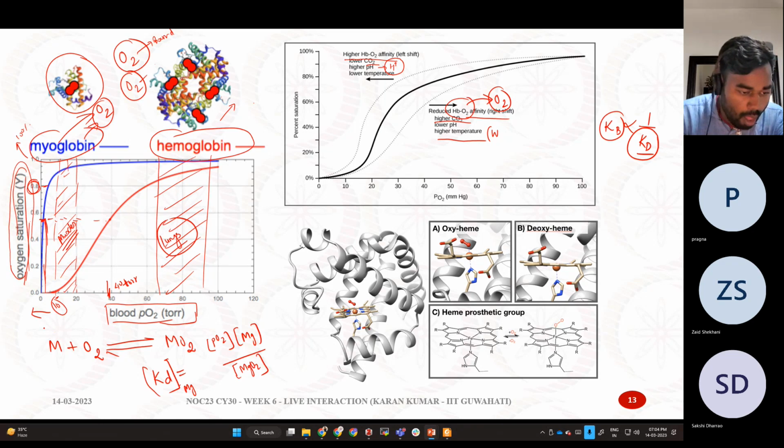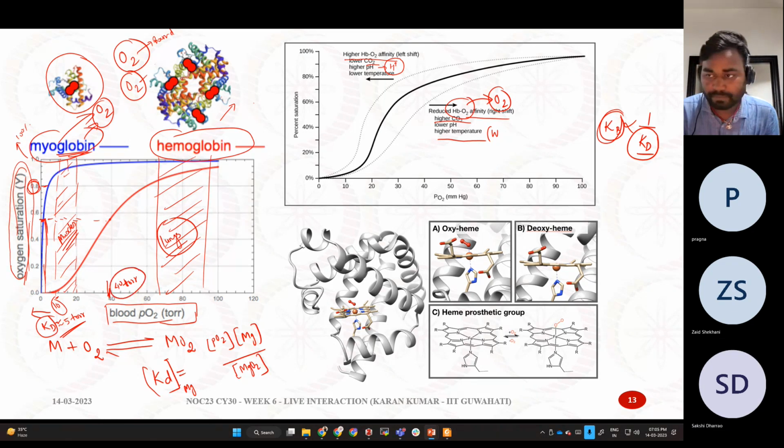However, the KD value for myoglobin is about 5 torr. The lower KD value means higher binding affinity. That means myoglobin has higher binding affinity to oxygen, and hemoglobin has lower binding affinity to oxygen because its KD value is very high. Higher KD means lower affinity, lower KD, higher affinity.